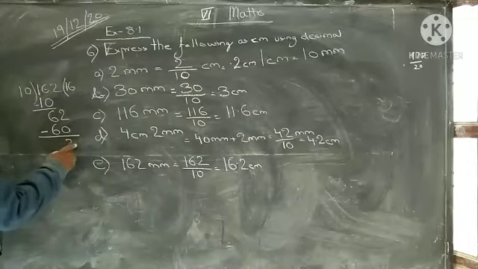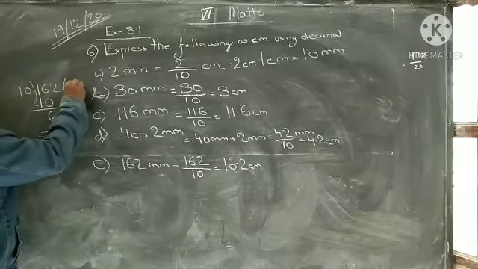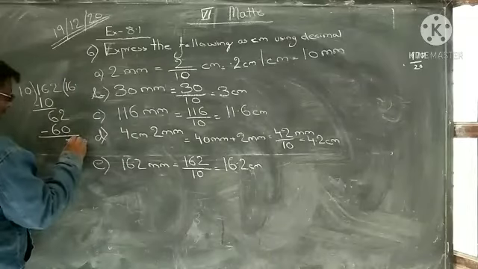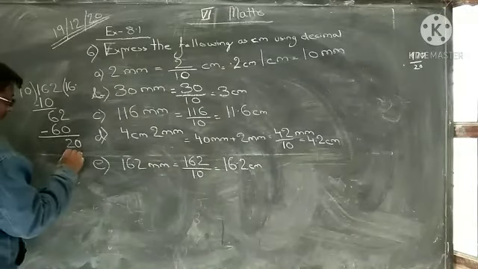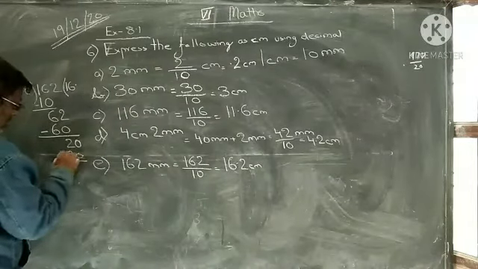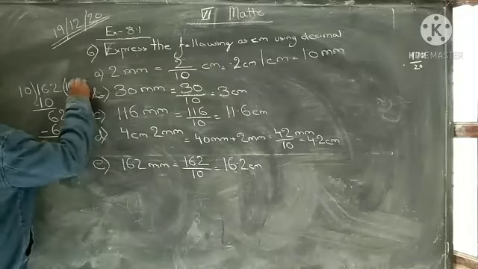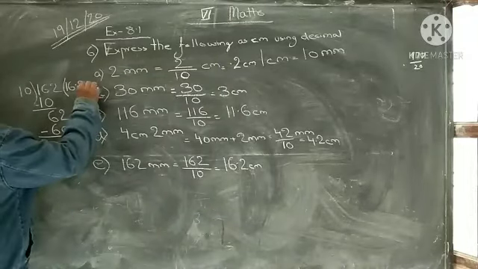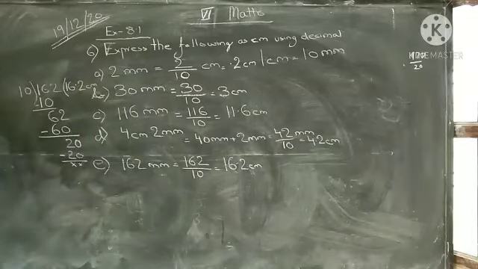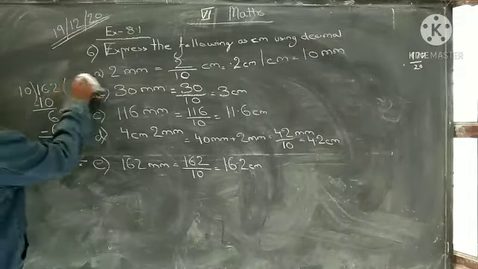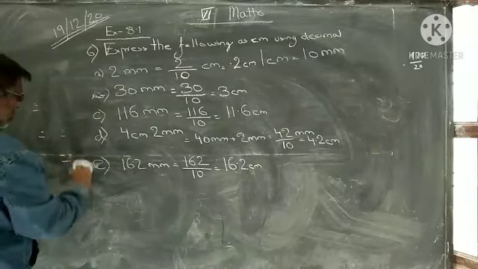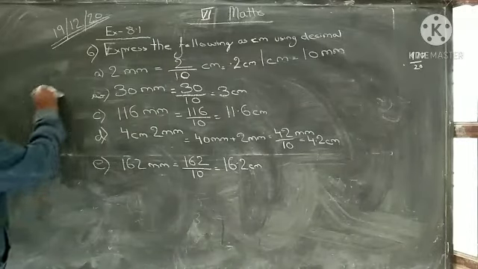We need to divide this 2 by 10, so we put a dot over here and write a 0 over here, and in 20 it comes 2 times, so the answer is 16.2 centimeter. This is how you need to do this type of sums, where it is asking you to convert millimeter to centimeter and centimeter to meter.